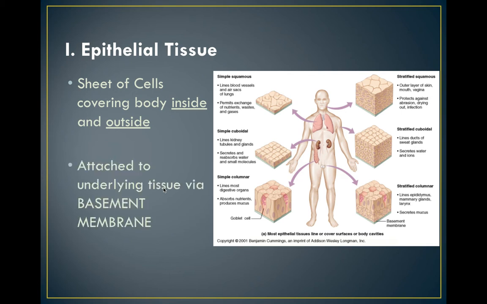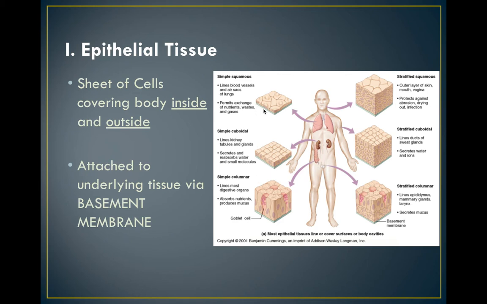A key characteristic of all epithelial tissues is that they are attached to something called a basement membrane. In this picture, these are various types of epithelial tissues. Some is sampled from our skin, some from the surface of our lungs, the surface of our kidneys, the inside of our colon or large intestines.